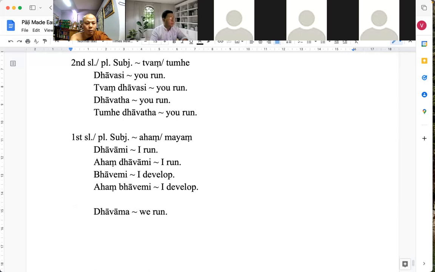But if we want to use a subject, we can put mayam, the personal pronoun for first person plural. Mayam dhavama. Also, we run. Okay.